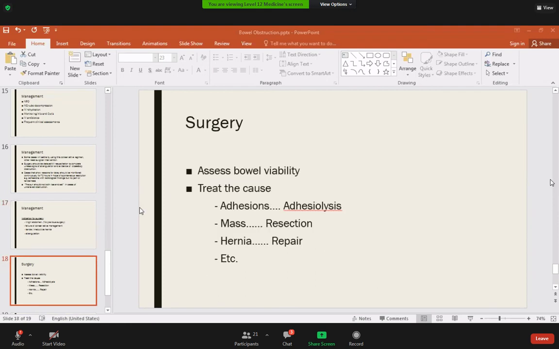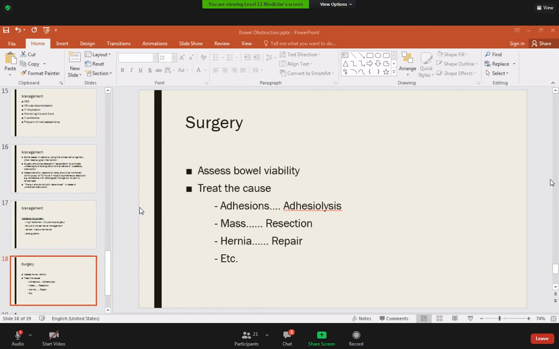So when we open these patients, the first thing that we do after opening is to look at the affected segment of gut and check for the viability, whether the gut is viable or not. If the gut is viable, we don't have to do anything for it. You just have to release the obstruction, cut the bands, and remove the thing that was obstructing that area.